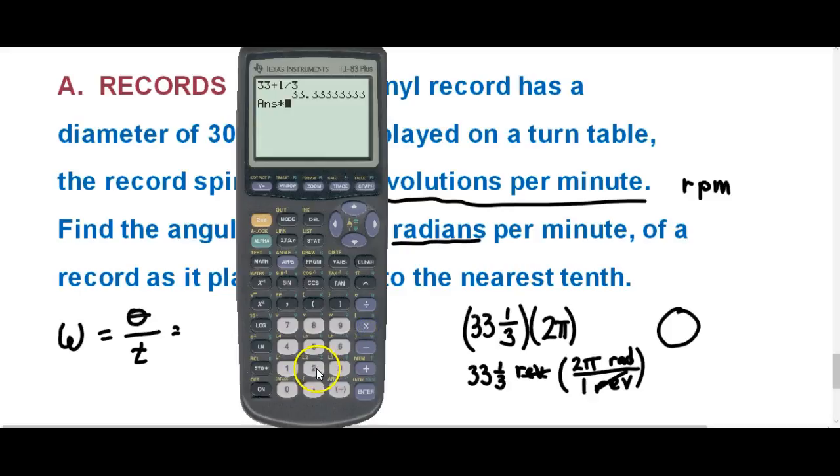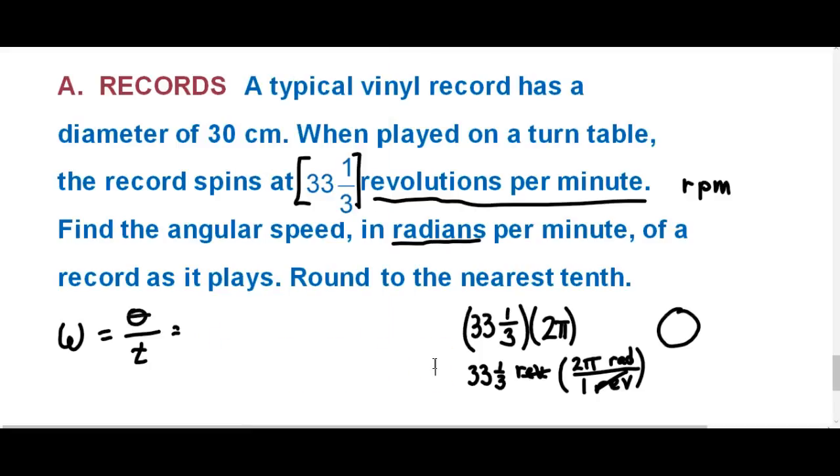Then we're just going to take that number times 2 pi, which is going to give us 209.44 roughly radians. So we'll say 209.4 radians. And then we want radians per minute, so that means it just takes 1 minute to go that many radians. So we're going to get 209.4 radians per minute.